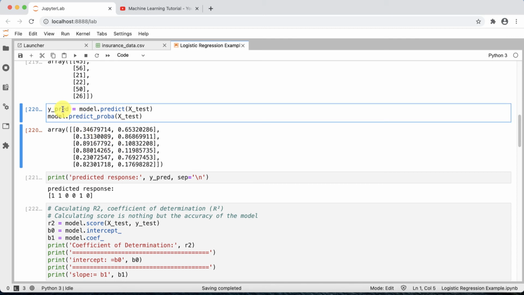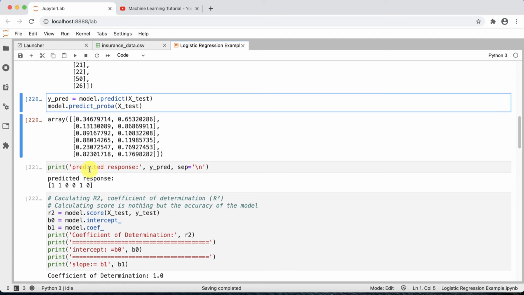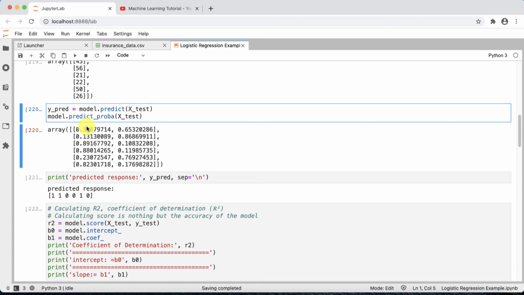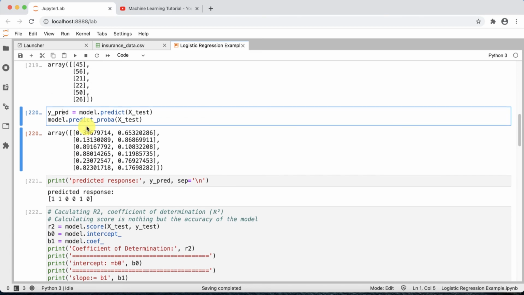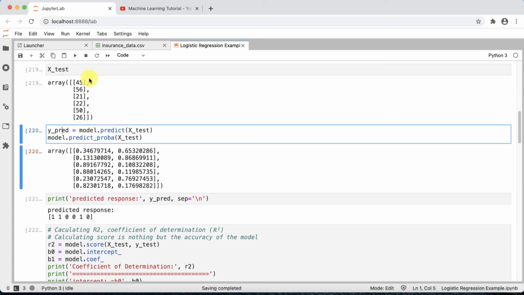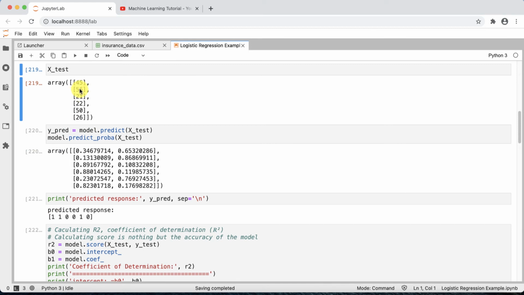So now let's try to interpret these values. First of all I am predicting the responses. Predicting the values means, for the particular x_test values, what are the predicted values. So here you can see guys, 45 1, 56 1, 21 0, 22 0.